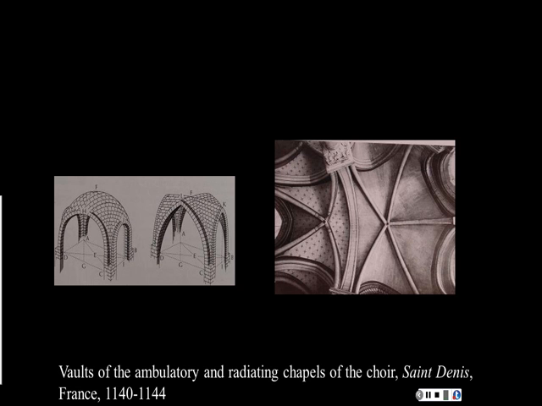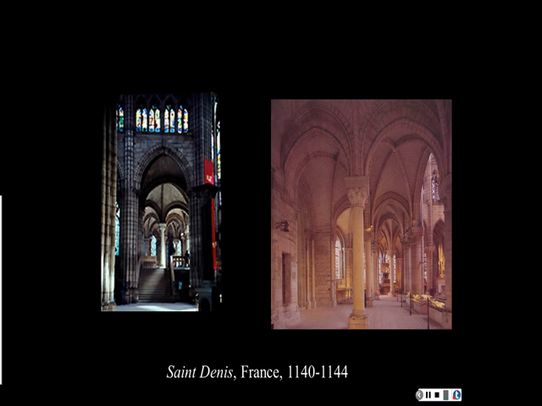Abbot Suger, and of course the search for light is central to his understanding of creating environments that are fused with the presence of God. As we can see here is the older Romanesque nave, and we look through the opening and we can see just how different in contrast that choir is, so open, so light-filled.